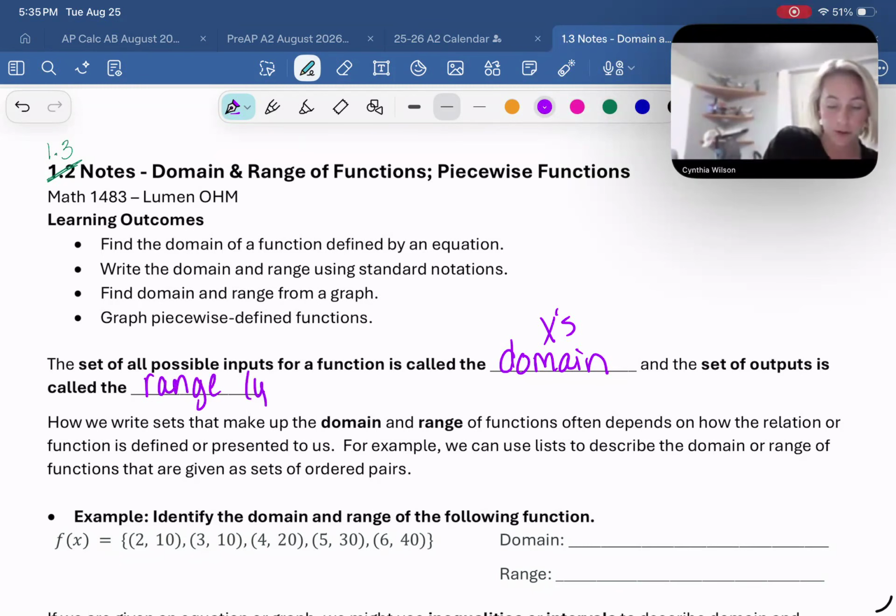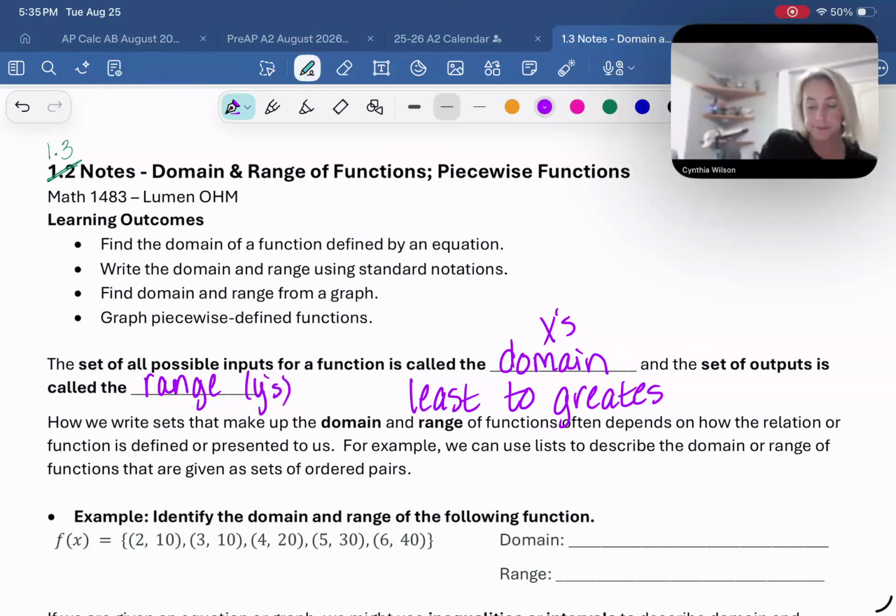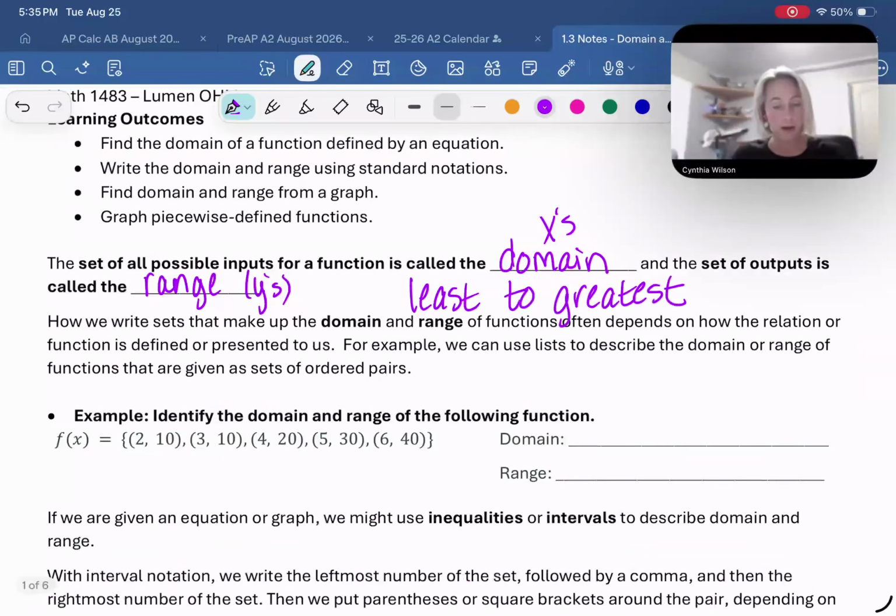These are all of your y's. Regardless of which one you're doing, it's always least to greatest. Sometimes that means infinities on either side, negative infinity or positive infinity, and sometimes that means an exact value. Sometimes that means you list individual points. They're called discrete points.